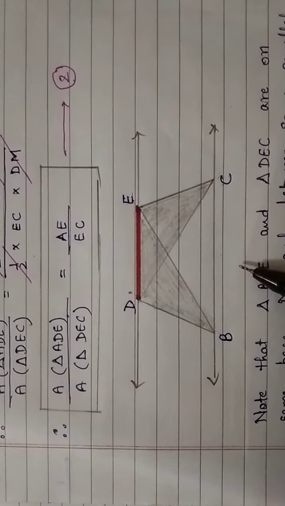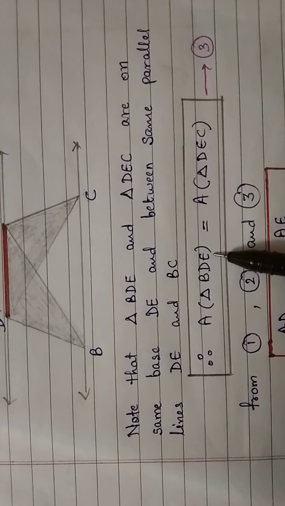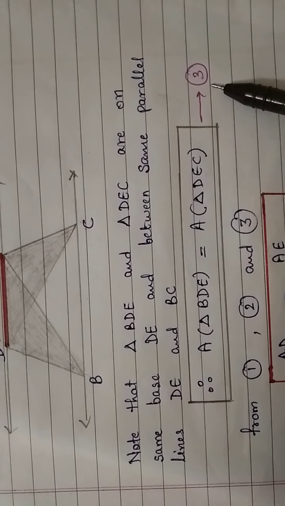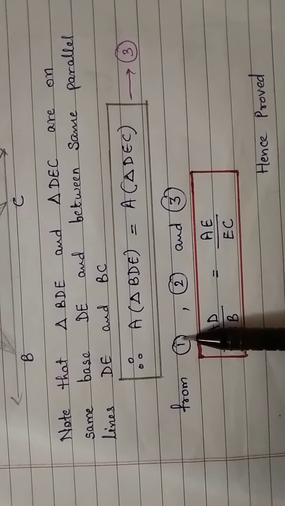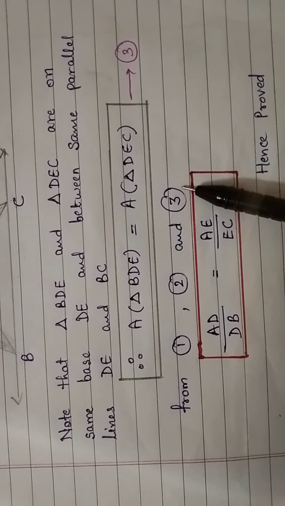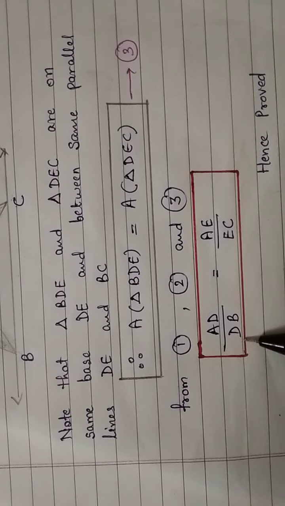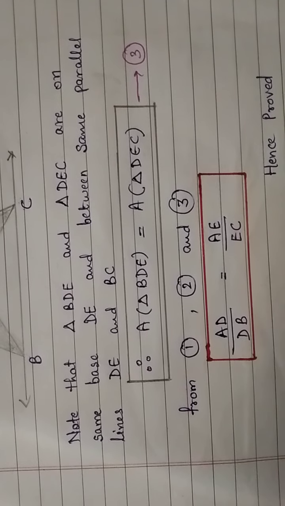So the area of triangle BDE and DEC are the same. This I give as statement number 3, that the shaded triangles have equal area. So from 1, 2 and 3, I have that AD upon DB is equal to AE upon EC, and hence the theorem is proved.